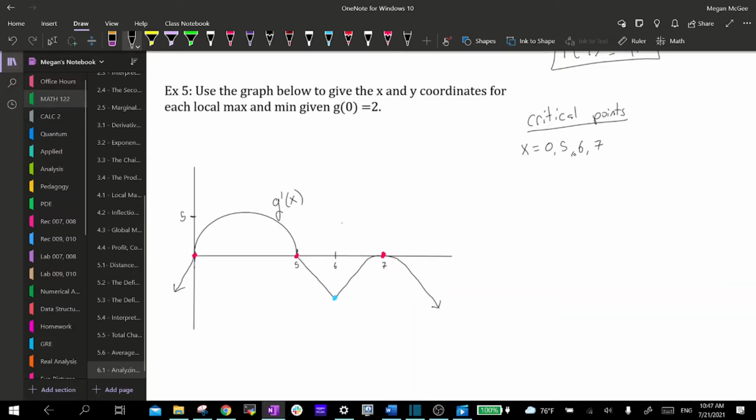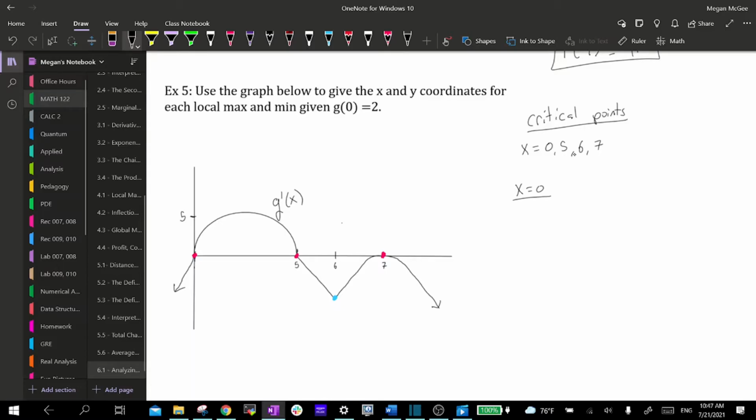And those are not automatically where we have local extrema, right? We need to check a few different things. We need to check if the derivative changes sign over those points, because that will tell us if we're actually curving or not, right? So let's check at x is equal to 0. Looking at our first point on the graph, our derivative is negative if it's below the x-axis and positive if it's above the x-axis.